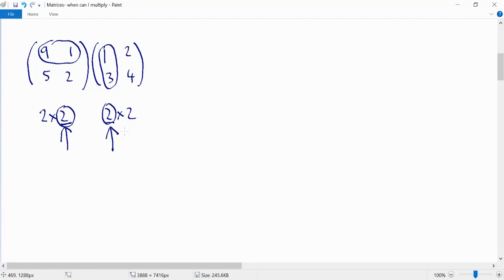So let's look at another example. Let's say we have a 3 by 2 matrix multiplied by a 3 by 3 matrix.